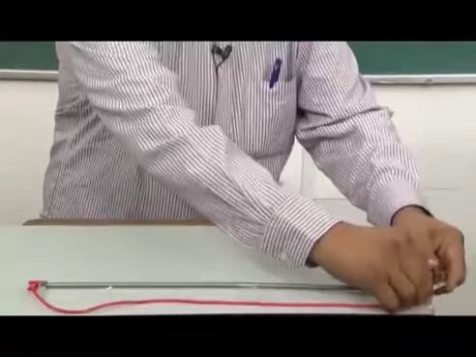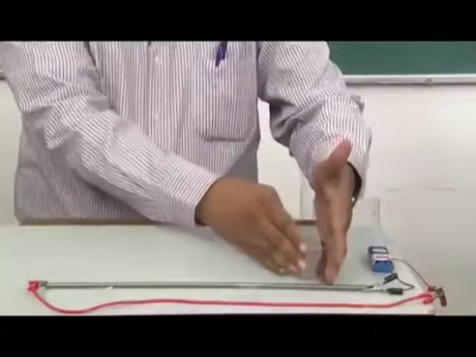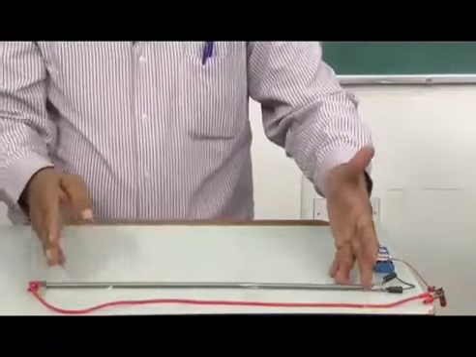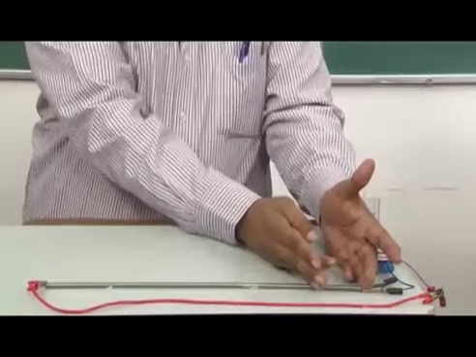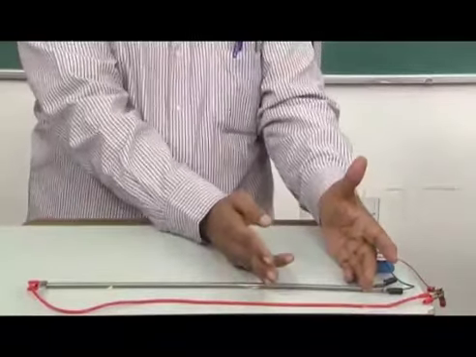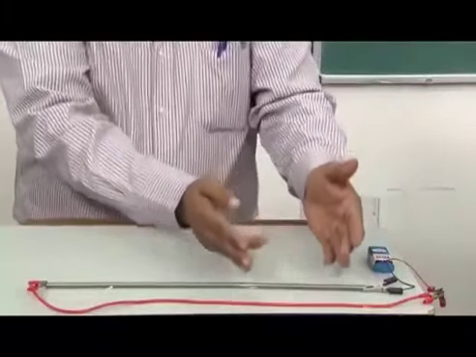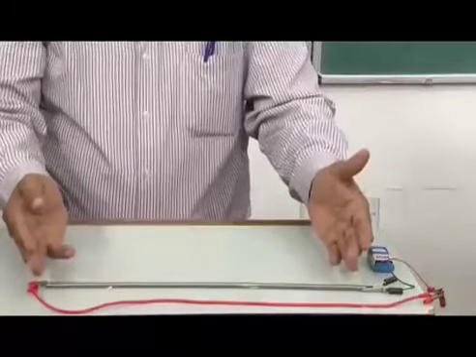So, if I join this, this whole 9 volt is now dropped on this coil. If I take a smaller length, I will get a smaller potential difference. If I take a larger length, I will get a larger potential difference. So, now I have a source of variable voltage that I can apply.